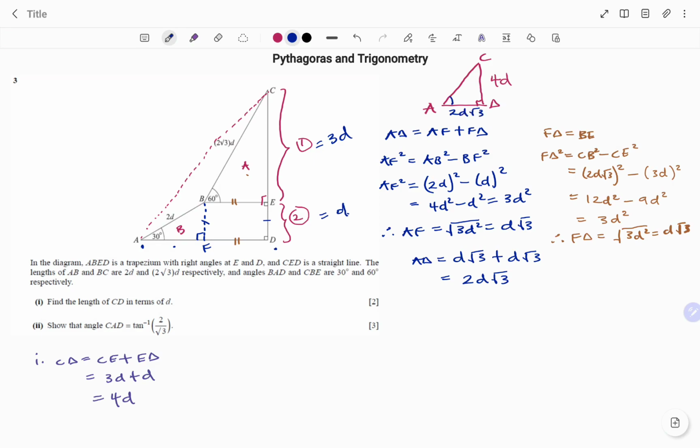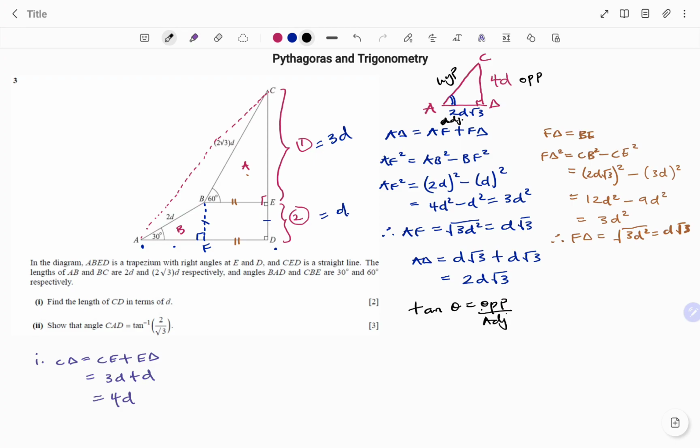Now to find angle CAD, I'm going to label my sides. The side facing the angle I'm looking for, which is CD, that's my opposite. The longest side, my hypotenuse. And the last side is my adjacent, ADJ. Using the trigonometric ratio, tan theta equals opposite over adjacent.